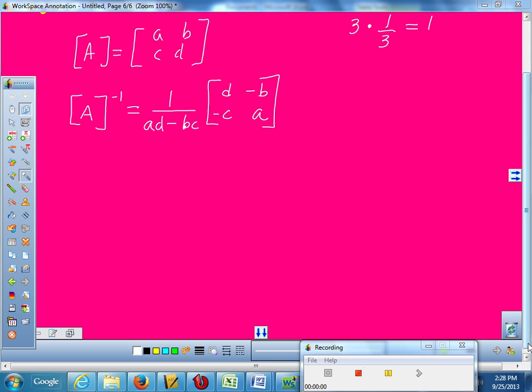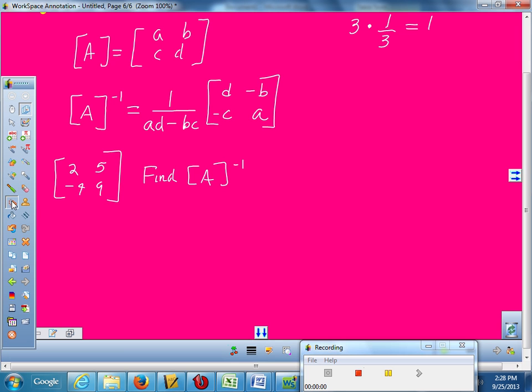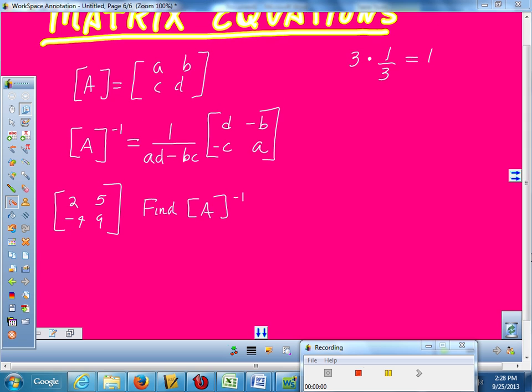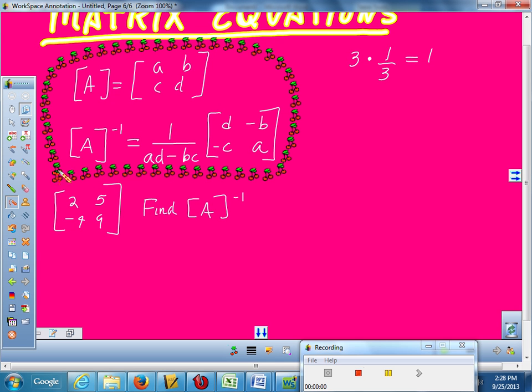So let's just take an ordinary matrix here. Say I gave you the matrix 2, 5, -4, 9, and I said, find the inverse. You would go, oh, peachy, I've got this little formula right here, won't be a problem. Probably should have circled that formula. That's the important part. That's the key thing you've got to remember.